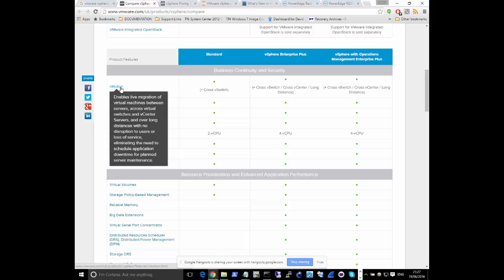I've not personally tested this, but we'll test this in the course. You can now do vMotion across data centers also, because that's what this is talking about: live migration of virtual machines between servers across virtual switches and vCenter servers. So that is interesting, over long distances.